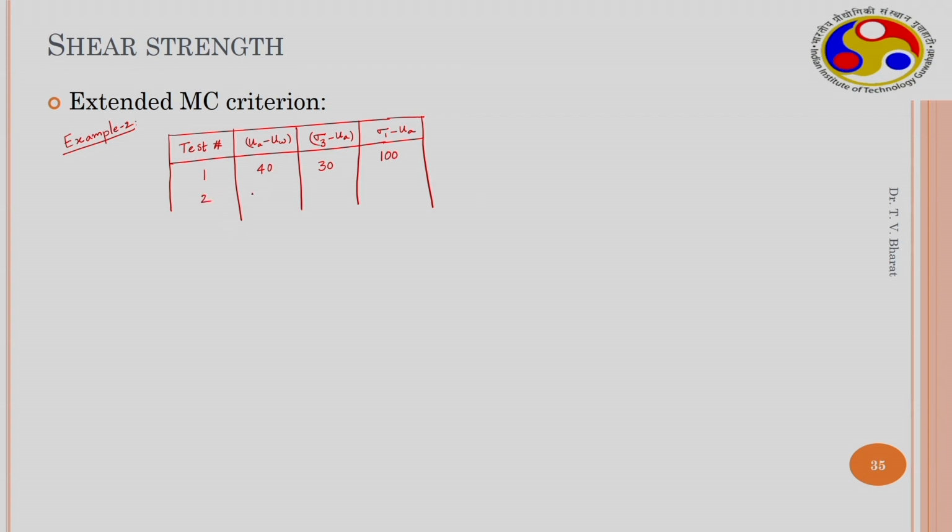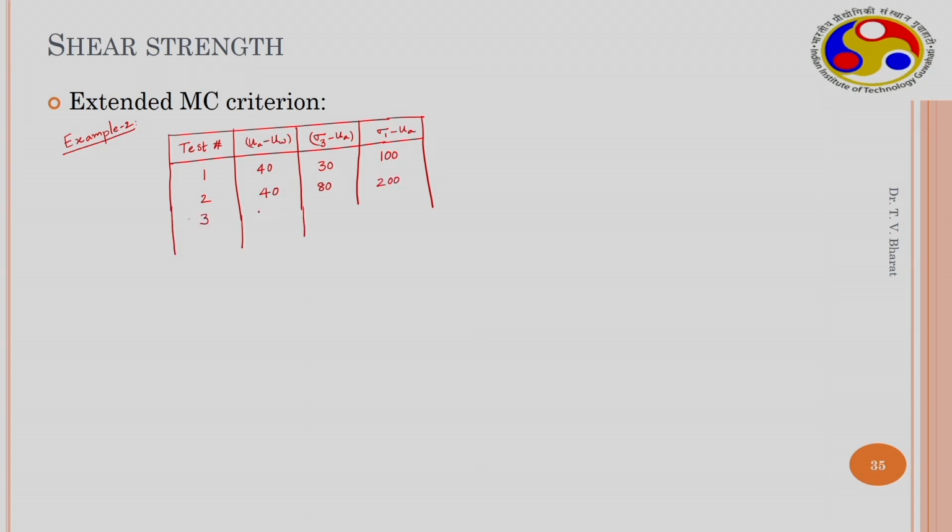For test 2, UA minus UW is again 40 and sigma 3 minus UA is 80. So, at higher all round pressure the test is conducted by maintaining the same matrix suction. Therefore, the sigma 1 minus UA should now increase. This value is 200.